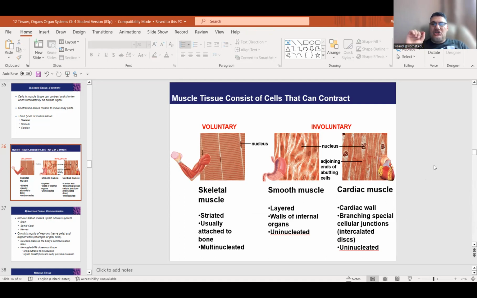It contains something unique called intercalated discs. These are discs that connect these muscle cells together so that the heart contracts as one unit. Intercalated discs, a key to the question, a key to the information.